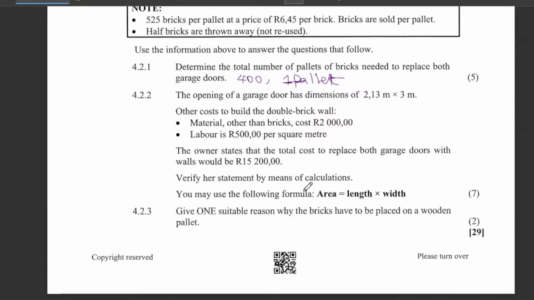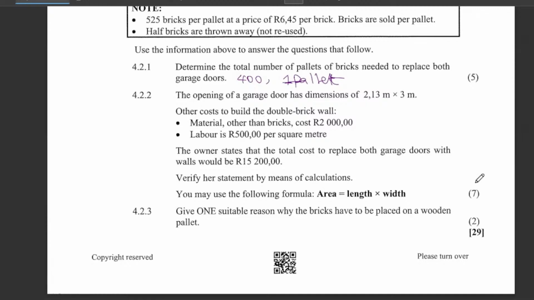The owner states that the total cost to replace both the garage doors with the wall would be 15,200. They're asking us to verify her statement by means of calculations.